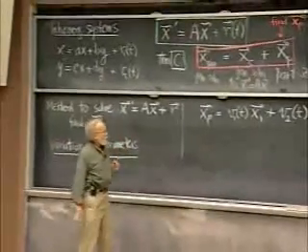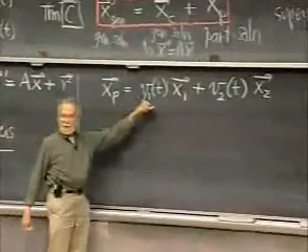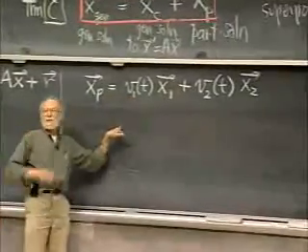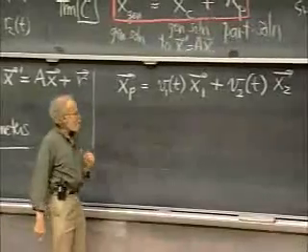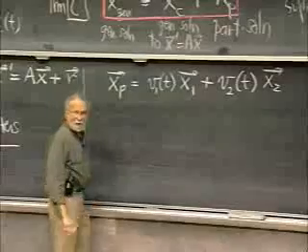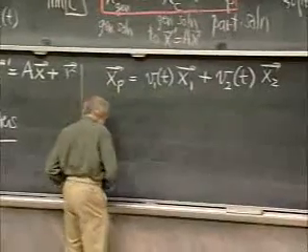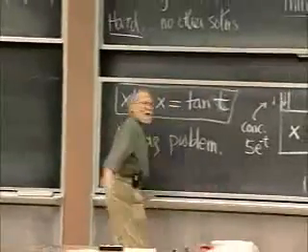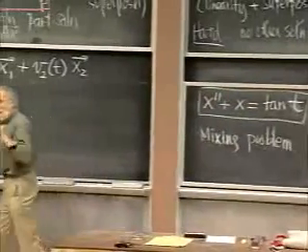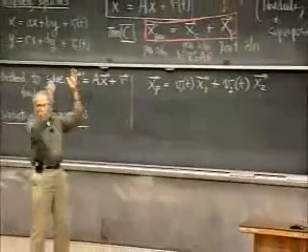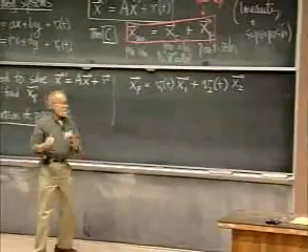So I think I was wrong in saying I could trust you from this point on. I'll take the first step for you, and then I can trust you to do the rest after that first step. Okay, the first step is to change the way this looks. Change the way it looks by using the fundamental matrix. Remember what the fundamental matrix was. Its entries were the two columns of solutions.